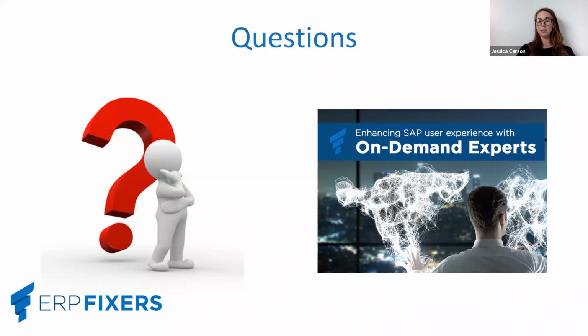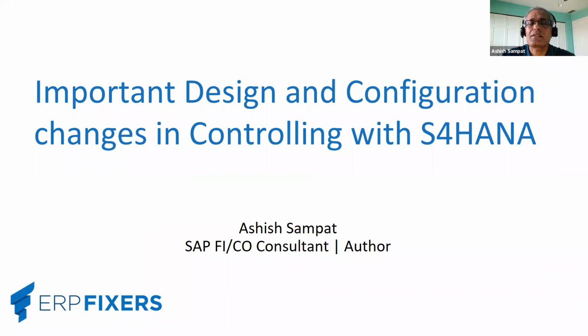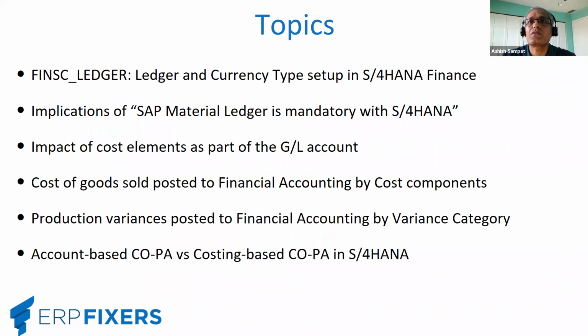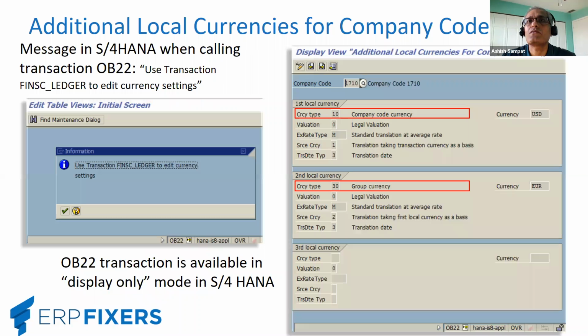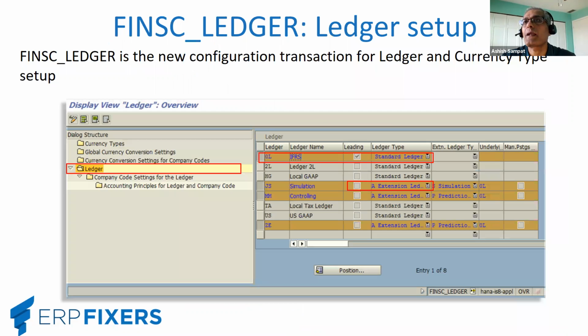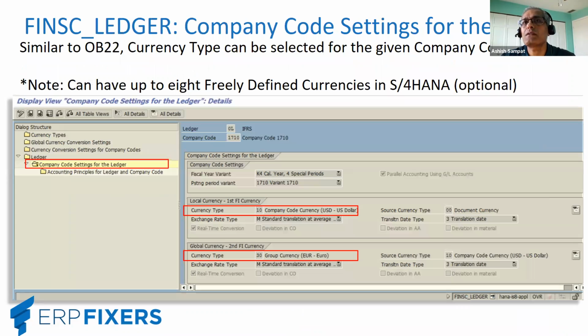Okay, Ashish, so our first question is, what is the purpose of the checkbox parallel accounting using GL accounts in the FinSC ledger? The checkbox, okay, let me see if I can go back to that slide, so we can show this for the benefit of all users. Yeah, this checkbox, right? Parallel accounting using GL account.